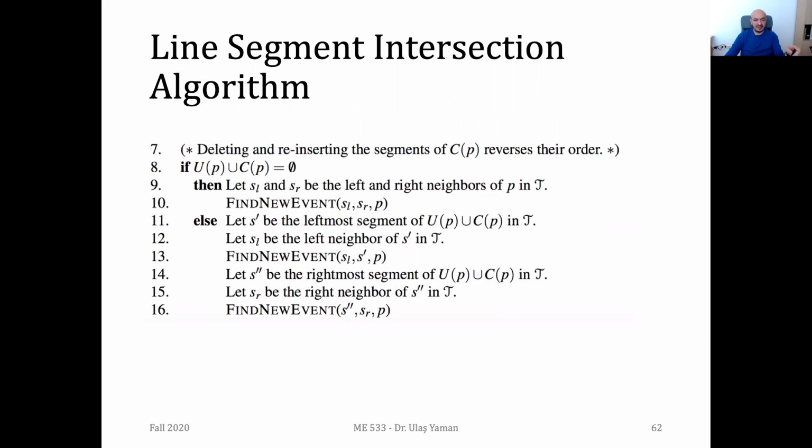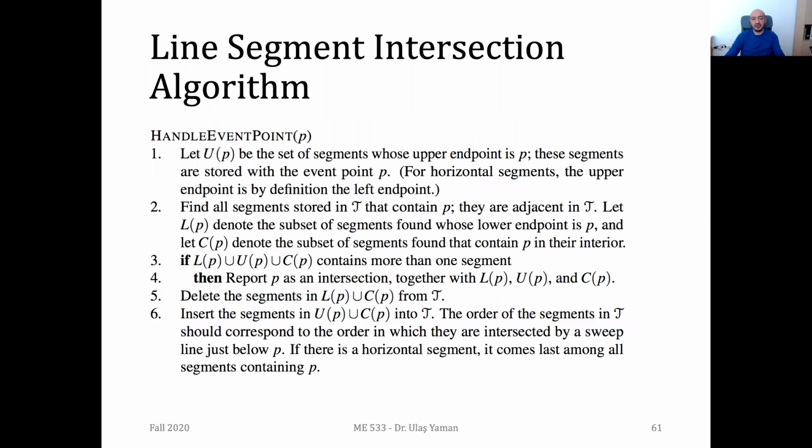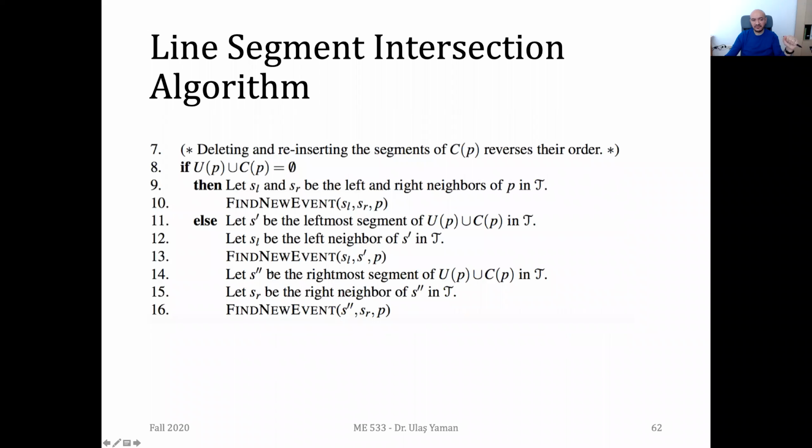So in summary, this is doing what we discussed in the earlier slides. If it's an upper endpoint, we are adding a new item into our tau data structure. If it's a lower endpoint, we are removing. But if it's an intersection point, we simply report that this is an intersection. For the lower and upper endpoints, we do more computation, and these computations are summarized here.